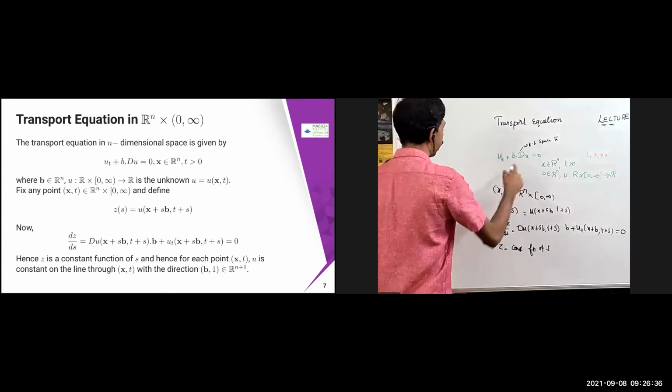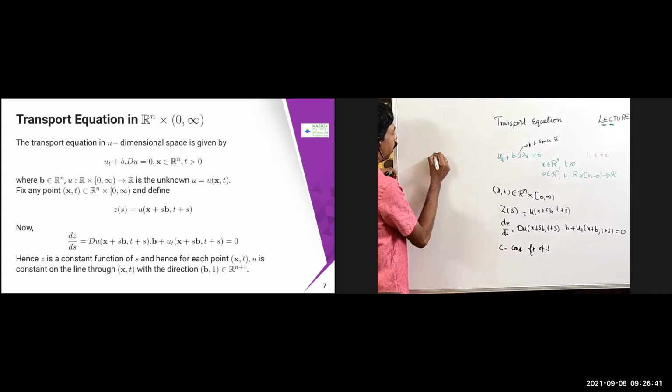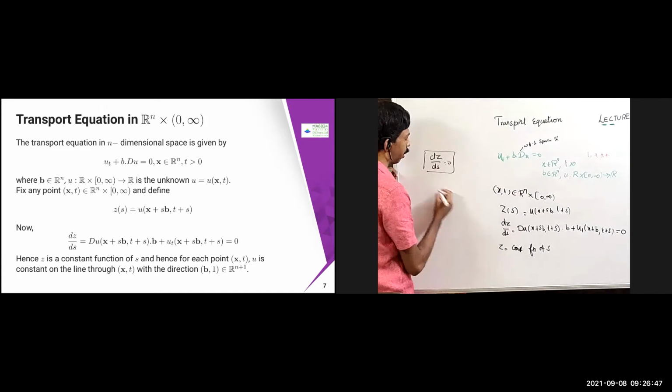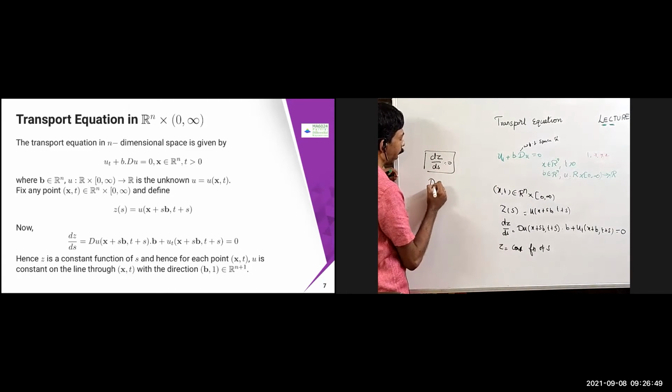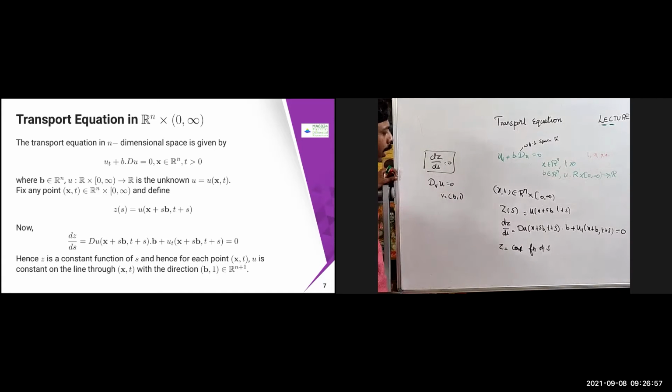Because dz/ds equal to 0 is nothing but the total derivative. So if I rewrite this equation in this format, I can write D_v u equal to 0, the directional derivative. What is v? v is nothing but (b, 1), which is the direction.